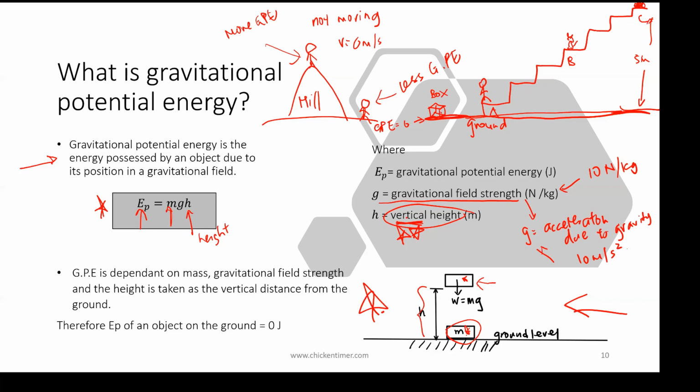At the lowest point in your picture, it will be 0. The EP of an object on the ground is 0.